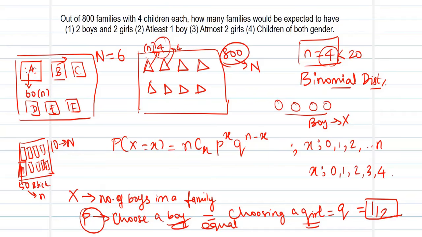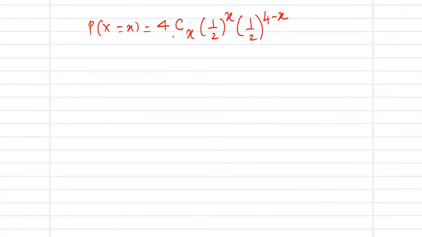So now we say that probability of X equal to x is 4Cx, p we fix as half to the power of x, and next half to the power of 4 minus x. Now observe the point over here, students. This is also half and this is also half.